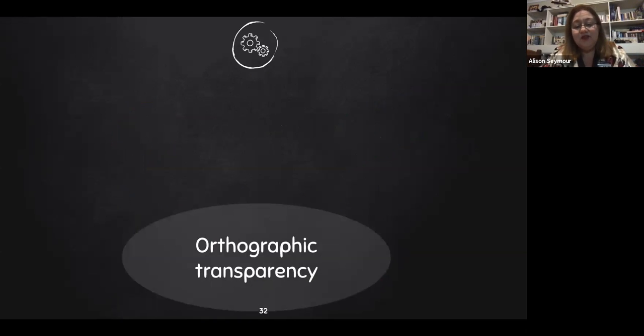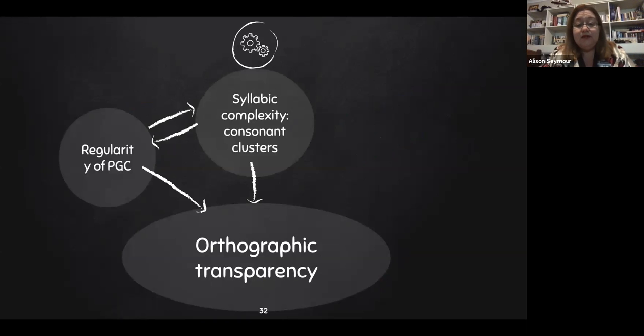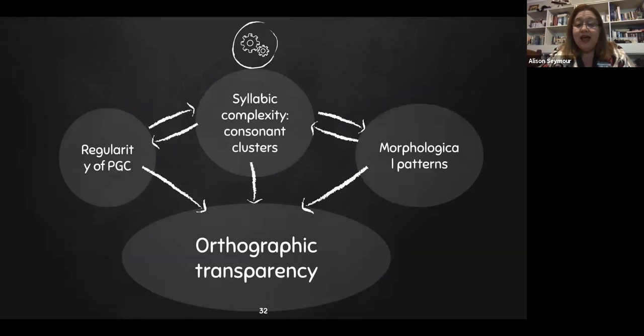And the features that make up orthographic transparency: we've talked about phoneme grapheme correspondence. Also the complexity of syllables, how many consonant clusters there are at the beginning and at the ends of syllables. And then the morphological patterns.